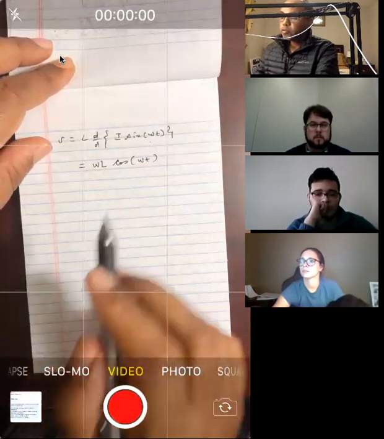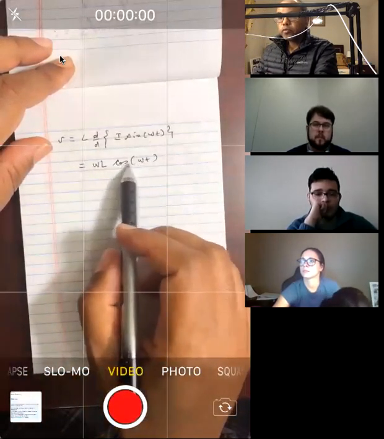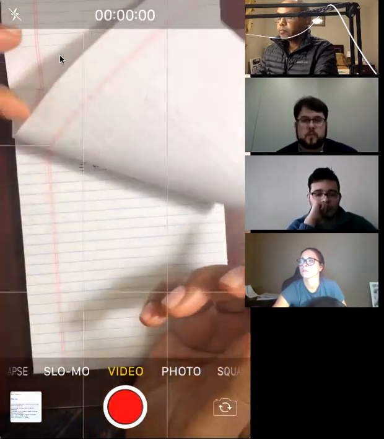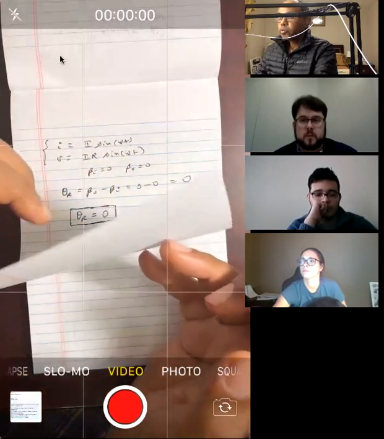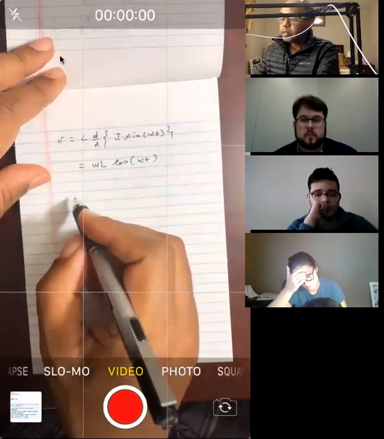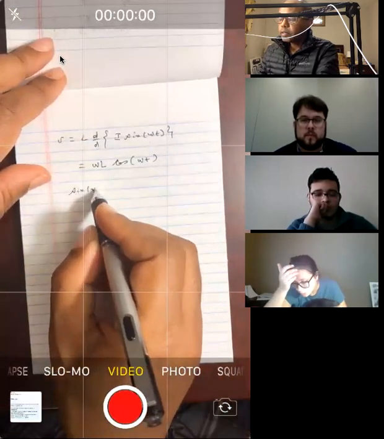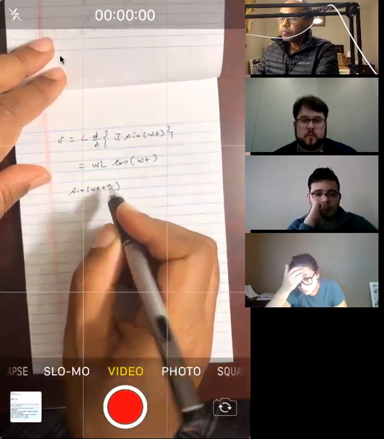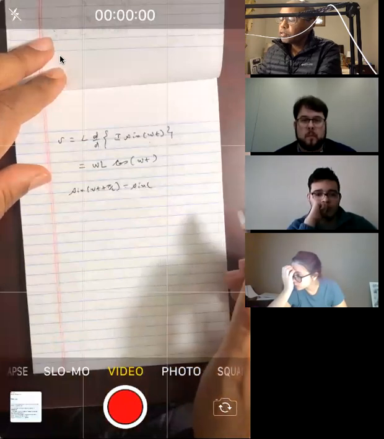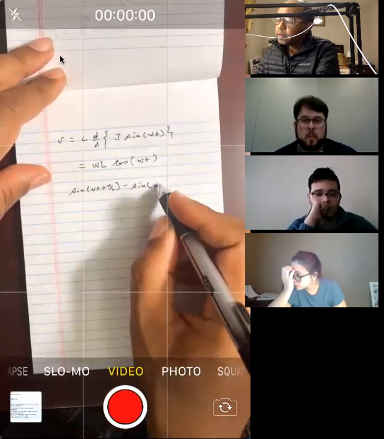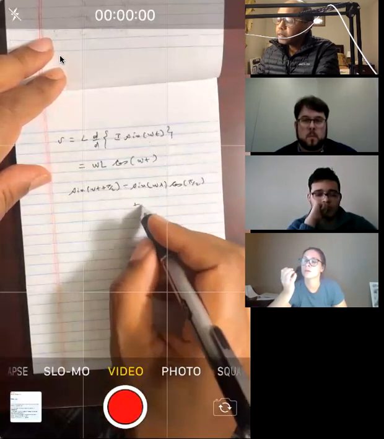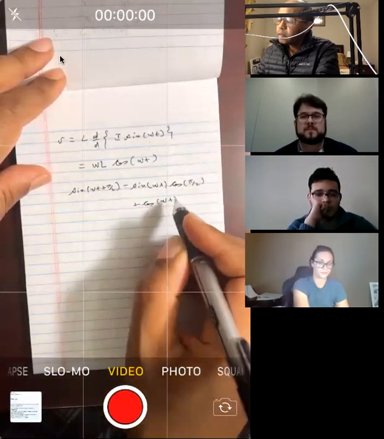Now, for the sake of comparison, I want to write this in terms of sine. Because we represented the current by sine, in order to obtain the phase angle, we also have to represent this by sine. Let's expand this one. What is sine of omega t plus pi over 2? Using the formula for the sine of the sum of angles, it is sine omega t cosine pi over 2 plus cosine omega t sine pi over 2.